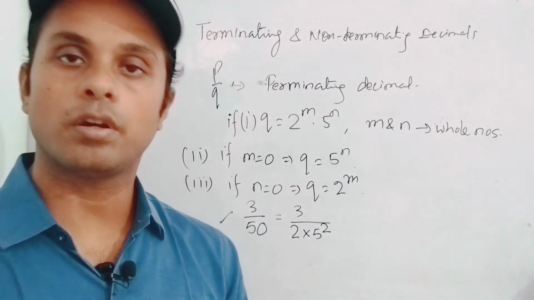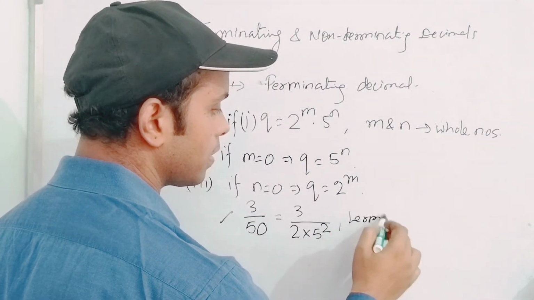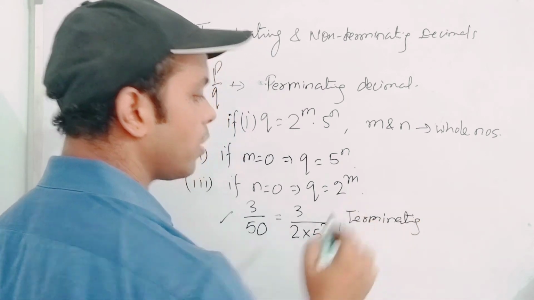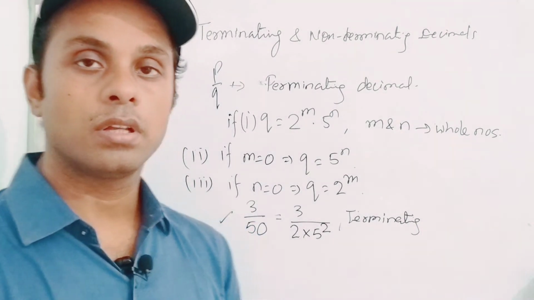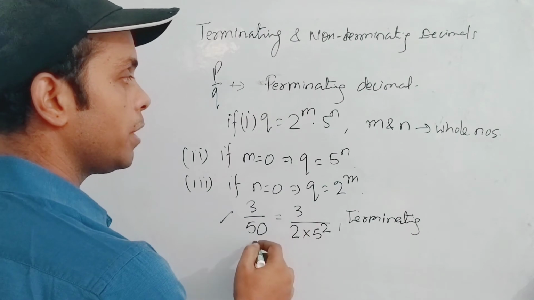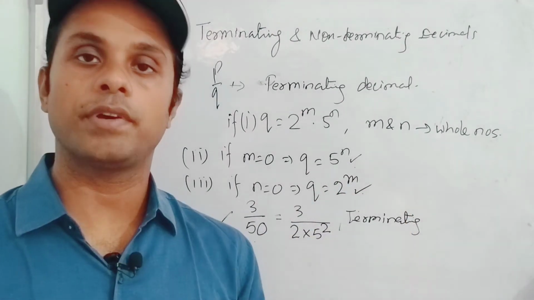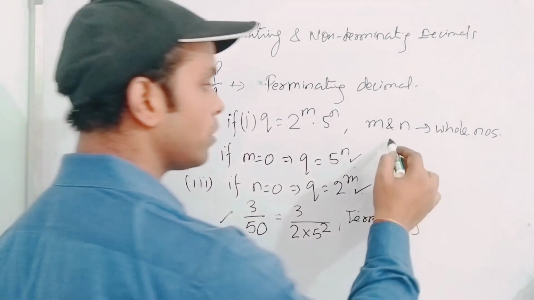Its decimal expansion will be terminating. Now look, I am giving you another example. What I told you, if the prime factorization of the denominator is only in this form or that, even then that would be a terminating decimal. Giving you examples of them also.